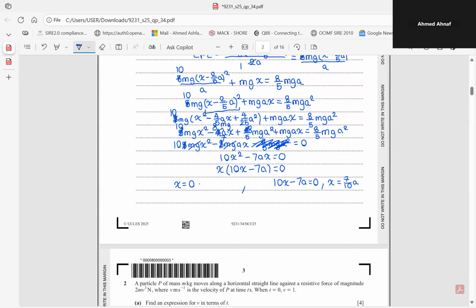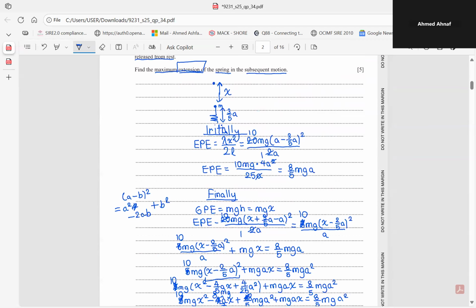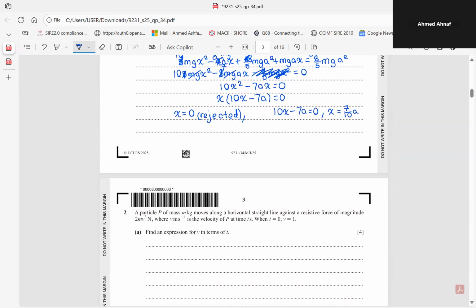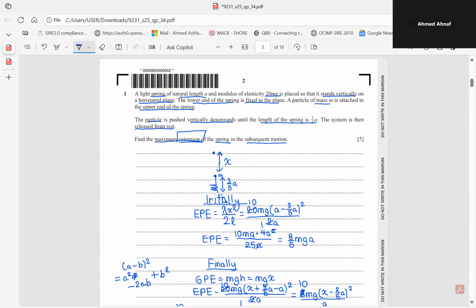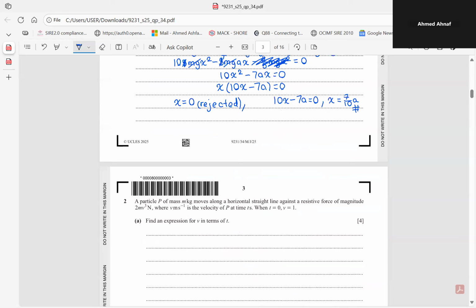Obviously, you have to reject x equals 0, because that means there is no extension, it will just stay compressed. So this is the only answer we can accept, and we're not done yet because x is just the length which it moved by.